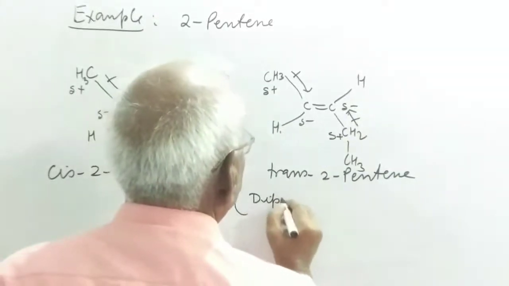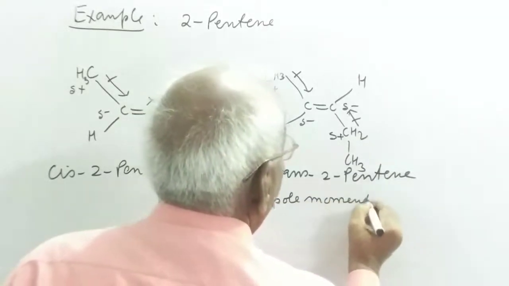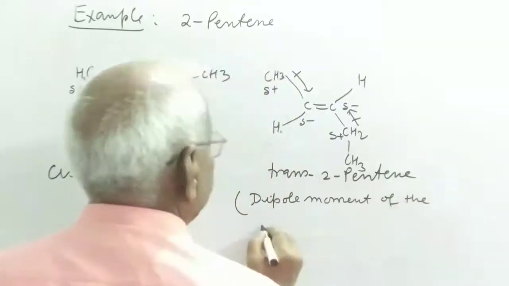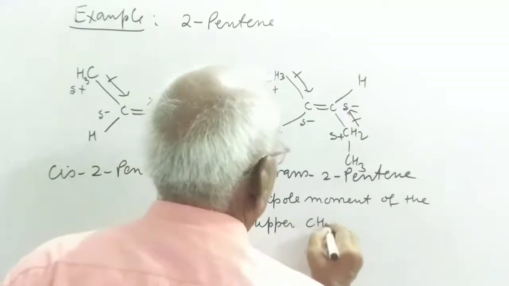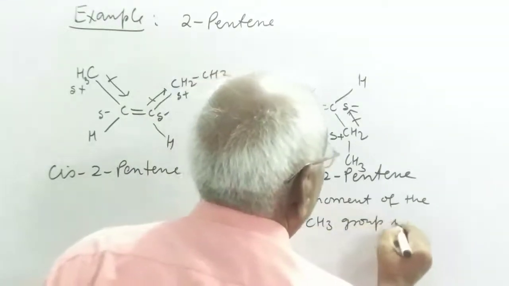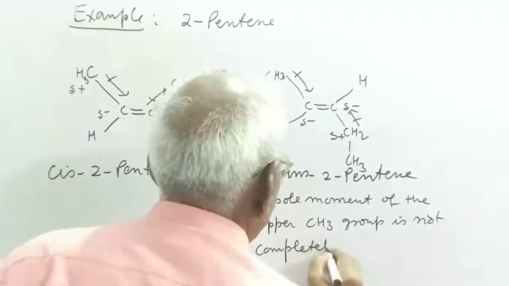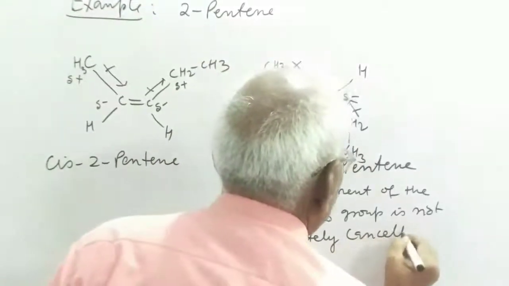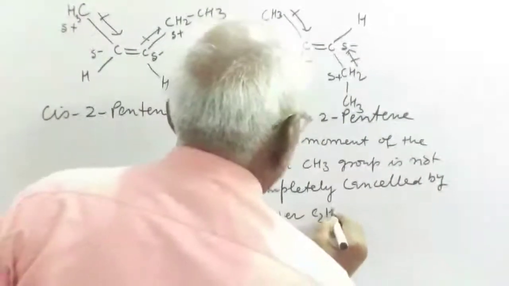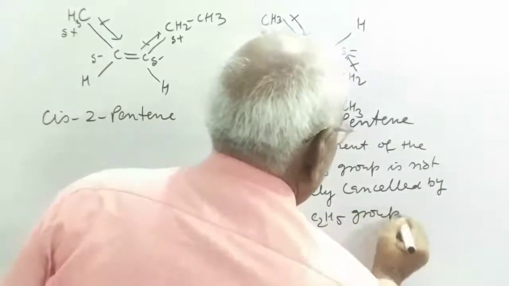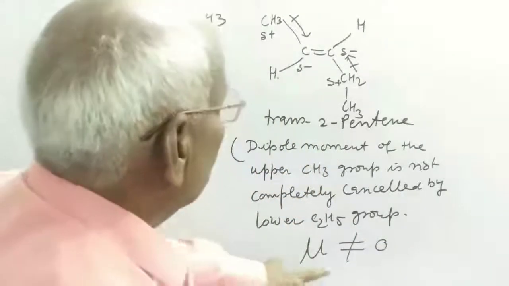Dipole moment of the upper CH3 group is not completely cancelled by the lower C2H5 group. So its dipole moment is not equal to 0.